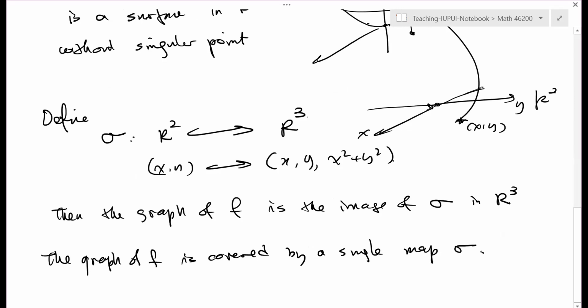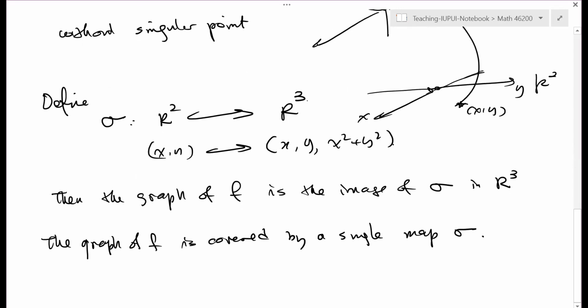In the future, this map will be called a surface patch. It is covered by a single map, not a singular map. One single map.